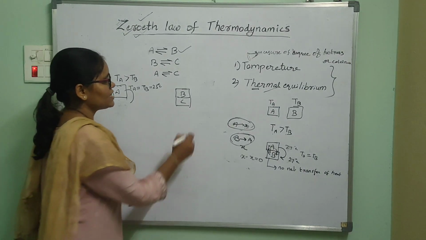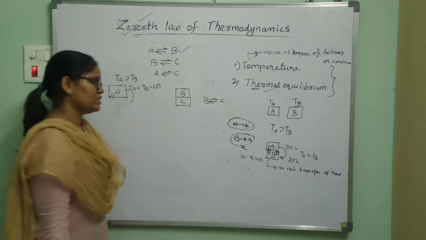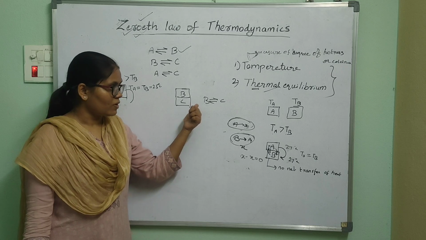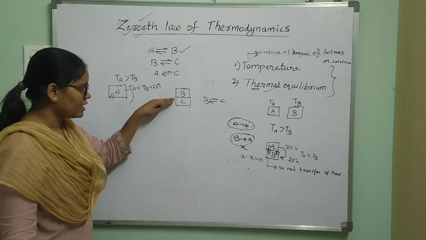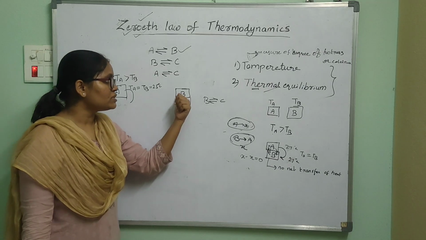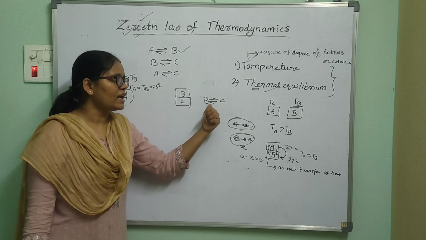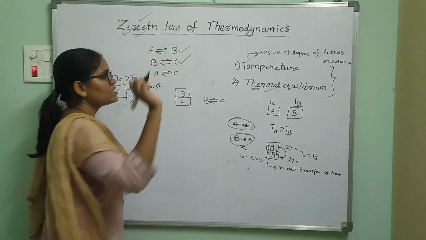This clearly means that B and C are already in thermal equilibrium with each other, because there will be no net transfer of heat energy only when there is thermal equilibrium, right? So when I brought B and C in contact, I do not see any transfer of heat energy between B and C. That means B and C are already in thermal equilibrium. So this is the second condition.